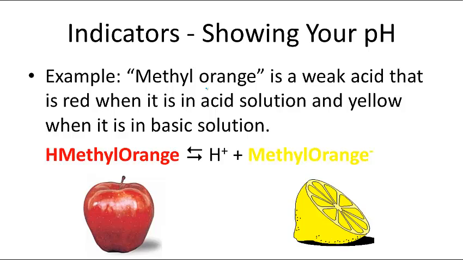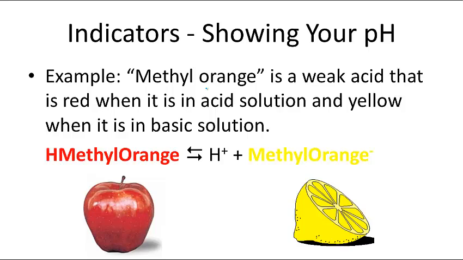So methyl orange, a lot of times, I don't want you to get confused. A lot of times the names of indicators have a color in them. And so we might say, oh, a methyl orange solution is red. And that can be confusing because the orange is actually part of the name of the compound.